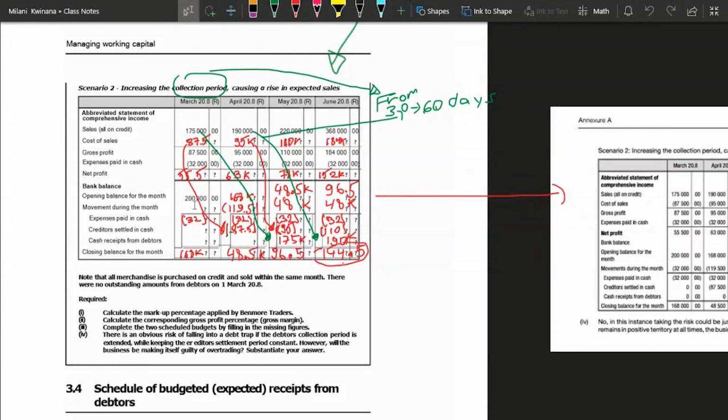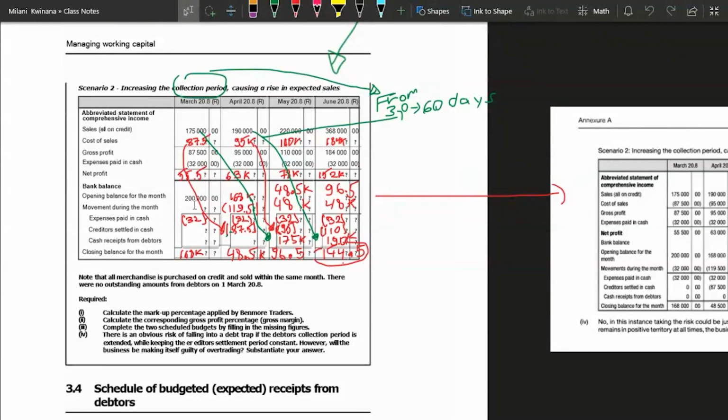So they mean the total cash flow of that month. So it includes the expenses paid in cash, creditors settled in cash, and cash receipts from debtors. Is that what they mean? That's the total of the movement during the month. Yes. You get it now.